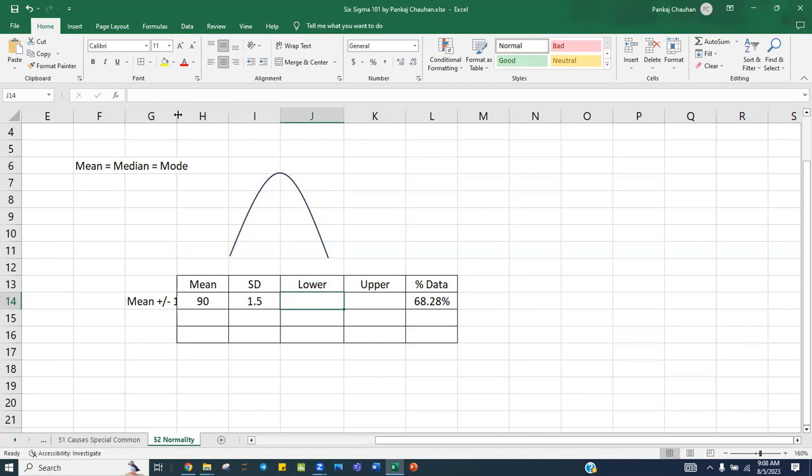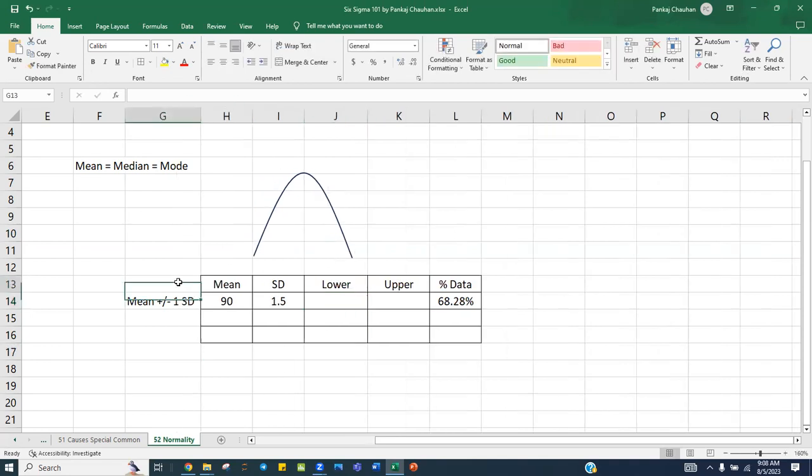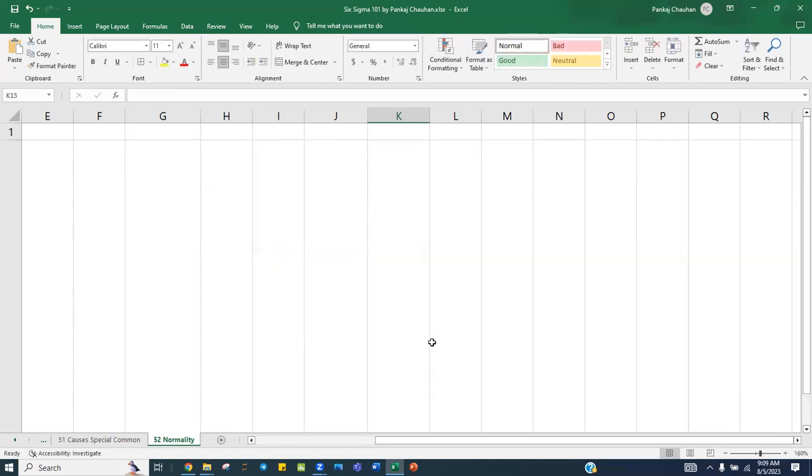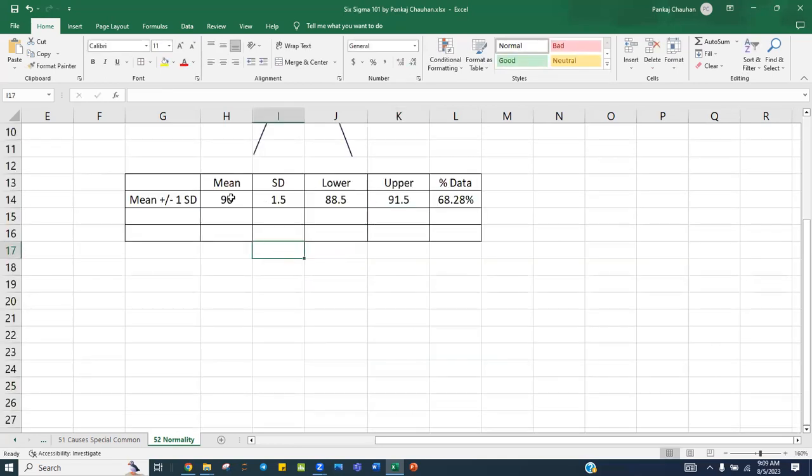The lower side will be the average value minus 1 times the standard deviation, which becomes 88.5. And on the upper side, you will have the average value plus 1 times the standard deviation, which is 91.5. So as per this mean and standard deviation, your lower side is 88.5 and upper side is 91.5. Between these two values, 68.28% of the data should fall. Then we call it normally distributed data.